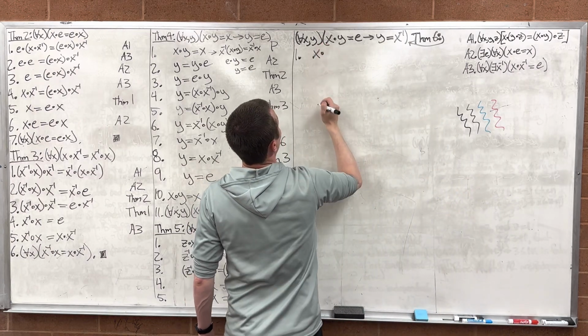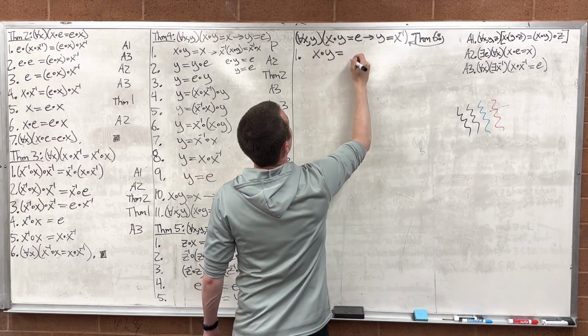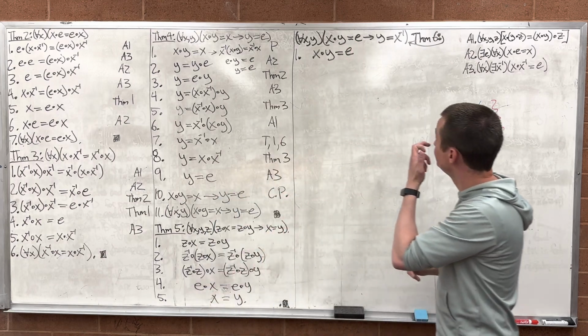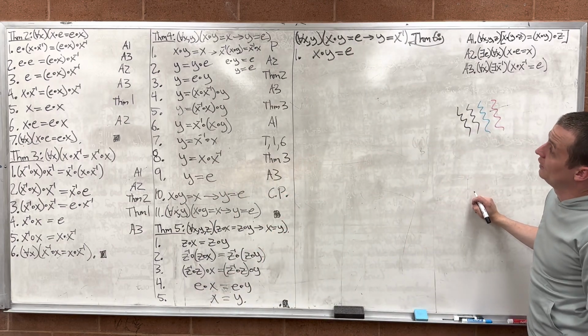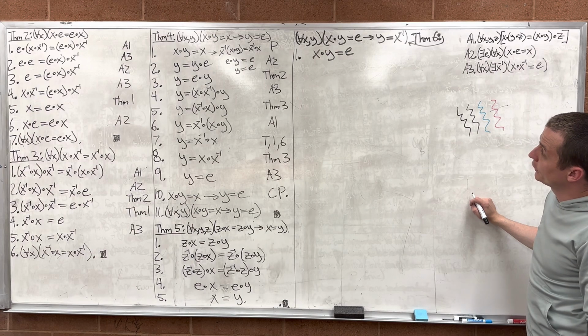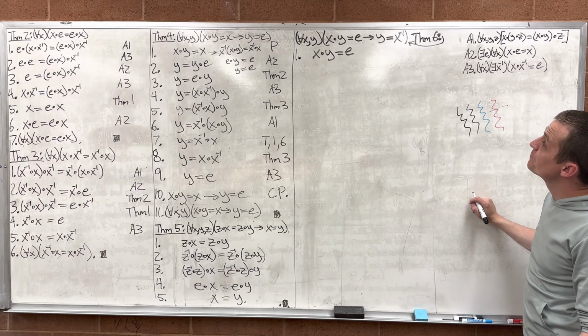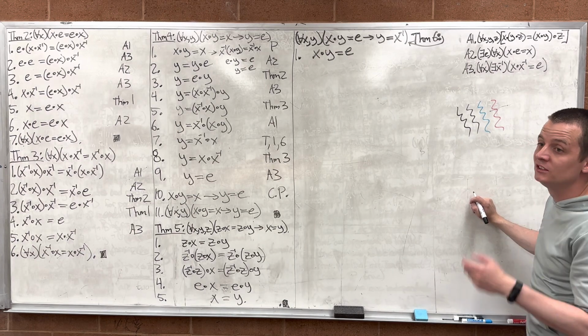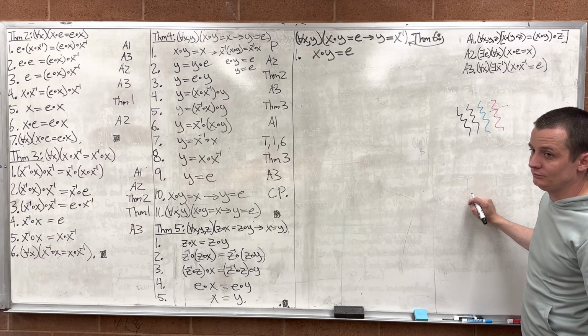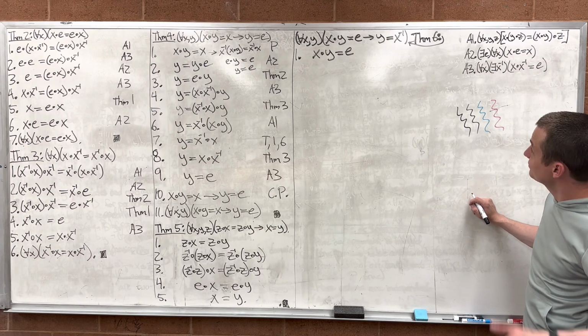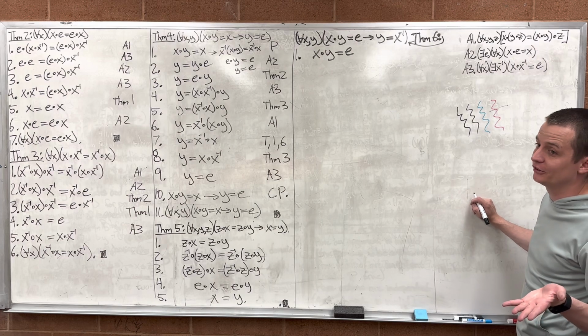And we want to show that implies a conclusion. All right. What do we want to do first? You can literally do the same thing. Do the same thing. Compose x inverse to both left-hand sides.